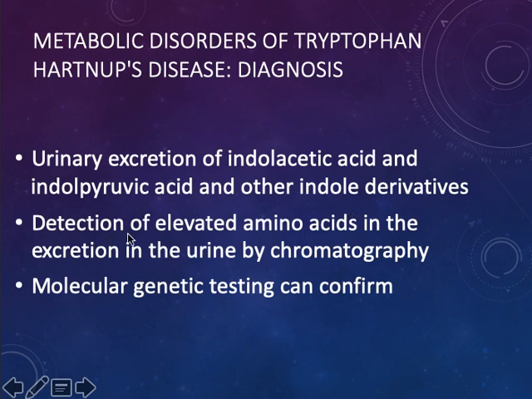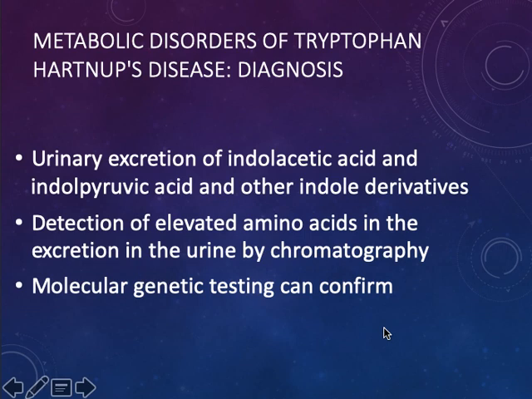Any elevated amino acids in the excretion can be seen. You take the urine specimen, do a chromatography pattern, and detect what is excreted in the urine. You can also do molecular genetic testing that can confirm Hartnup's disease.